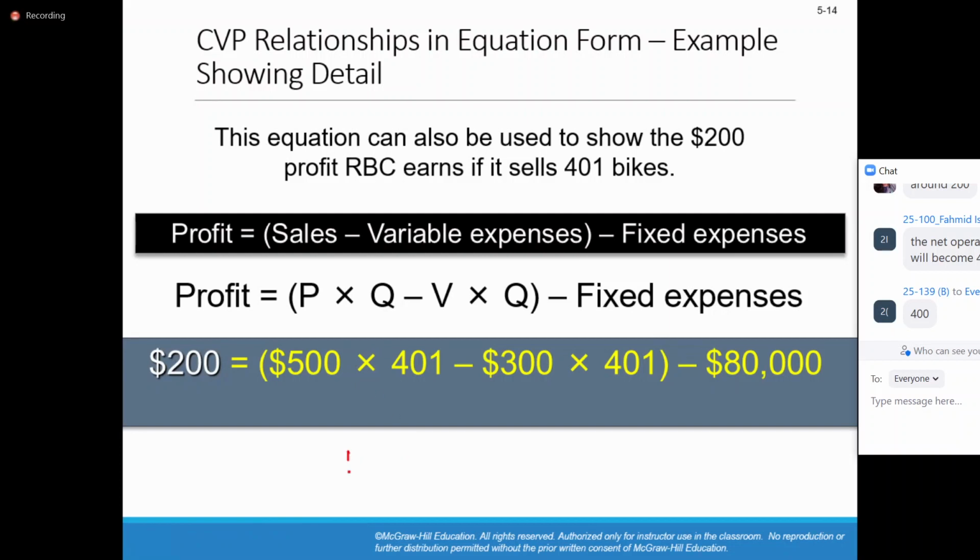If we have 10 products, we need to do this calculation 10 times. For each product, we need to do this calculation. Okay. So this is the way we can express the relation of CVP using the equation. So where are the costs reflected here? Remember the 5 components I mentioned earlier.